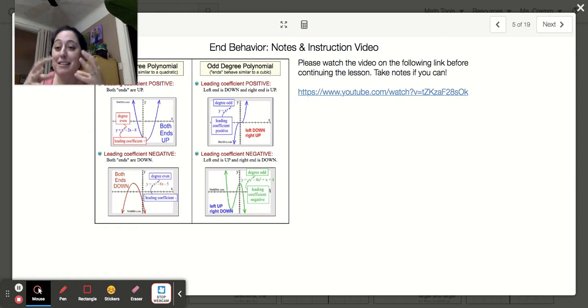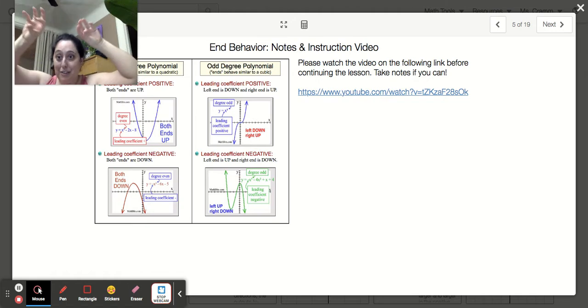If 59 is the highest, then if I start up here, I don't care how many ups and downs I go, I know it will end down here. So really keep that connection between the highest exponent of the leading coefficient and the end behavior, how it ends on either side of the graph.